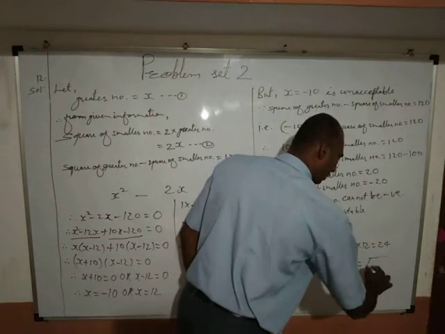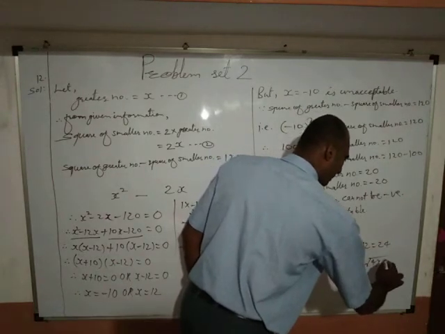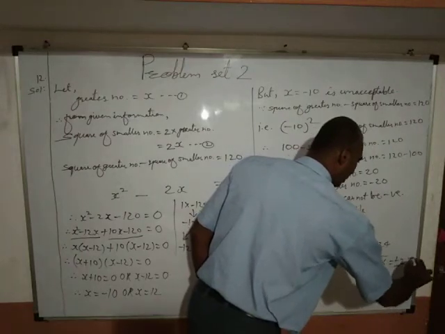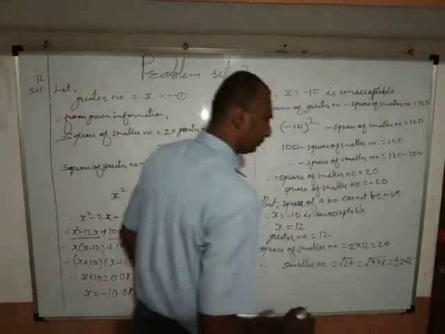Means root of 4 into 6 means is equals plus or minus 2 root 6.